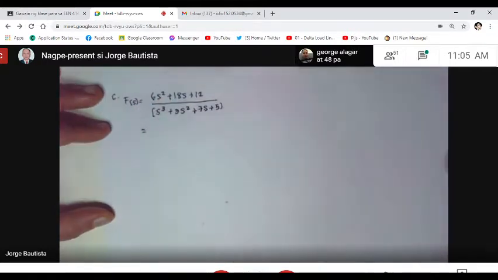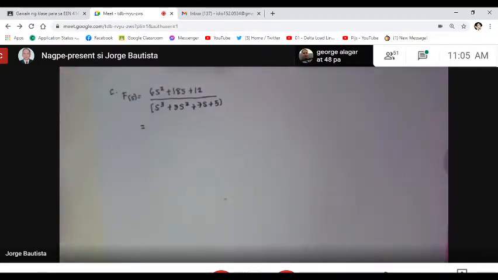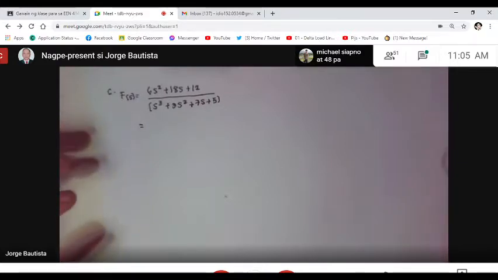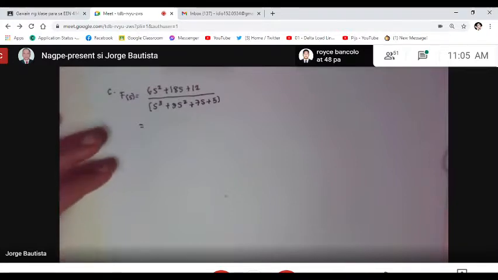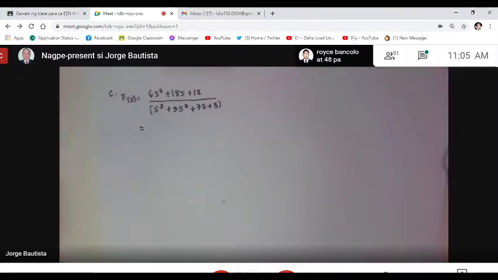Okay, so you try to determine the roots by determining the factor. Tingnan nyo nga kung ano yung factor. Pakisulat na lang sa chat box.